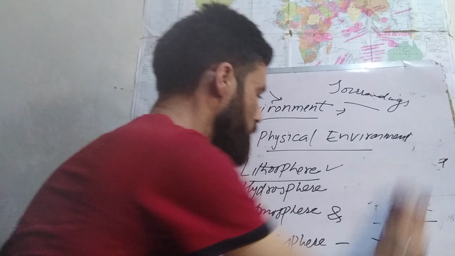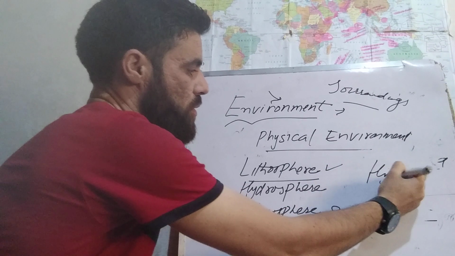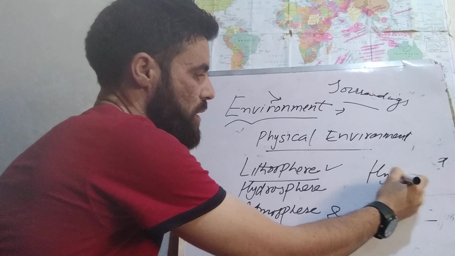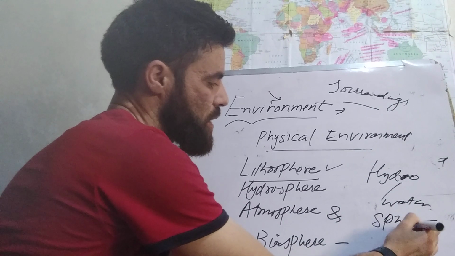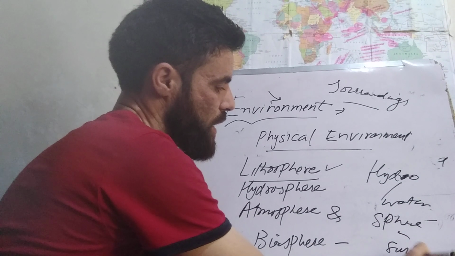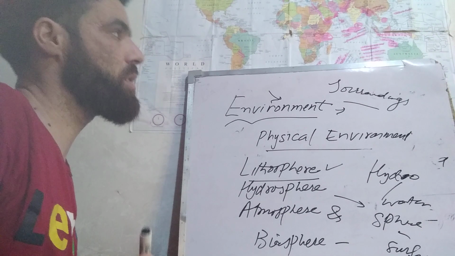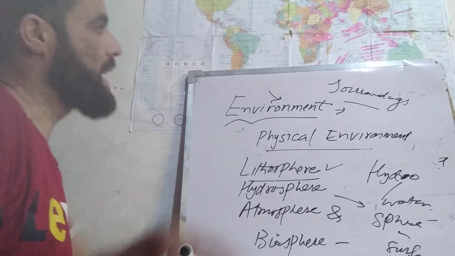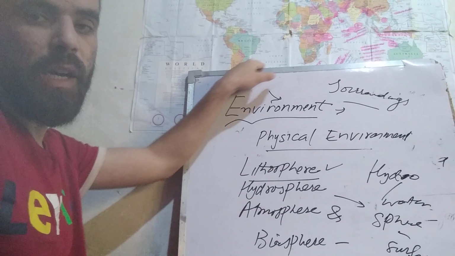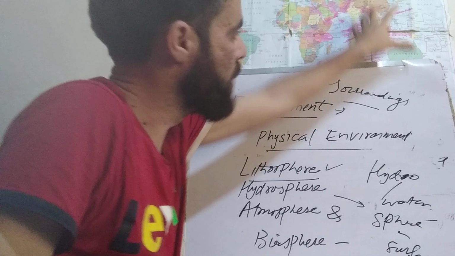And the second sphere is hydrosphere. Hydro means water and sphere means surface. We can call it water surface. As you take a look at the map above me, it comprises mostly of the water bodies.